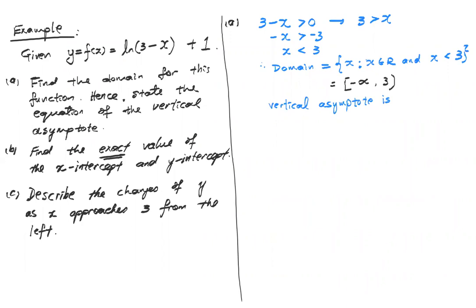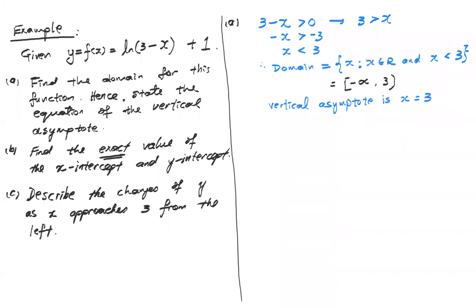You cannot say it's 3. I won't accept the answer. When you say a vertical straight line, the equation is x equal to something. A horizontal straight line is y equal to something. So the answer is x equal to 3. When you talk about asymptotes, you don't just give me the number, it means nothing.